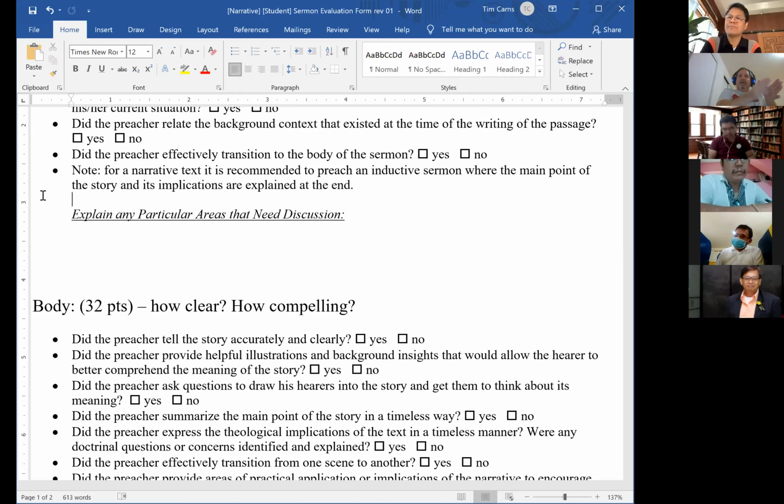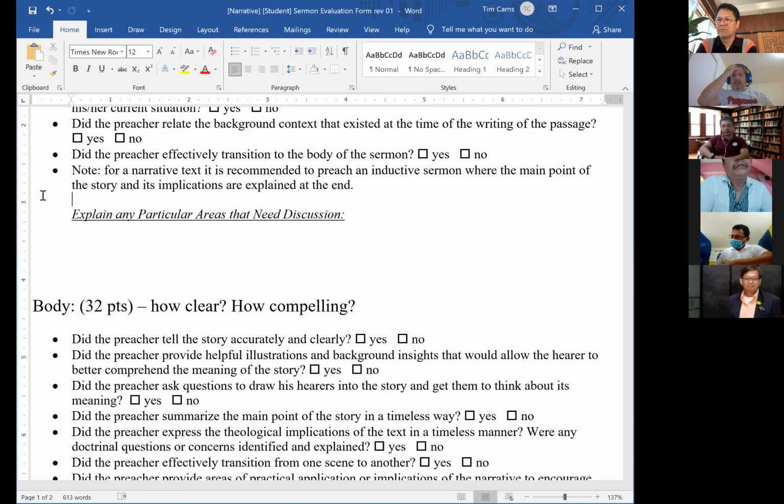You give your point up front, and then you show it. But an inductive sermon might be, what is God's view of sin? How does God feel about sin? Well, we're going to see an example of this in Exodus chapter 32. So you open up the idea or the thought, but you don't give them the answer yet.